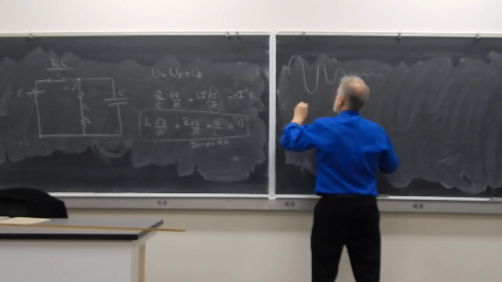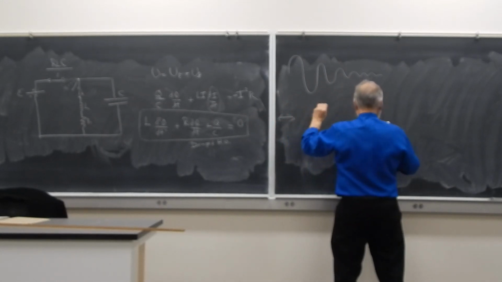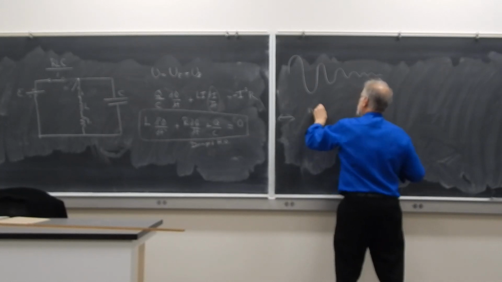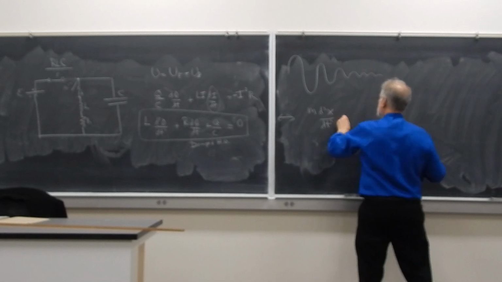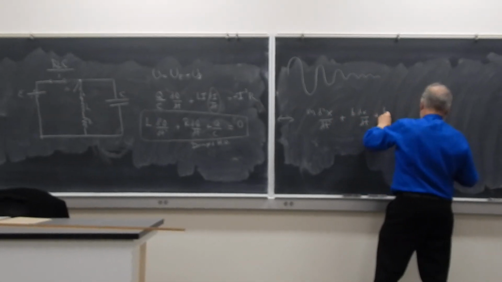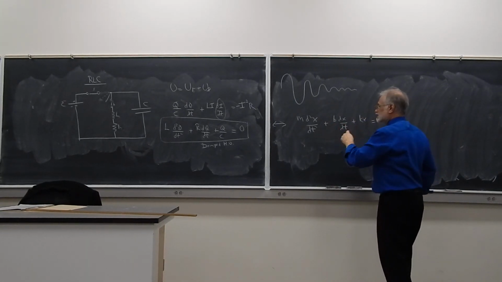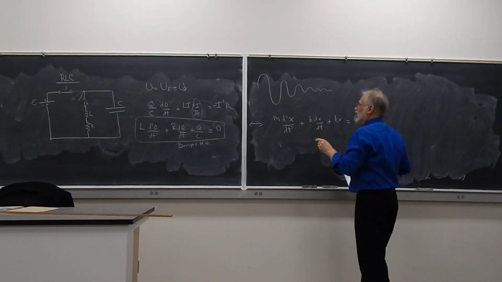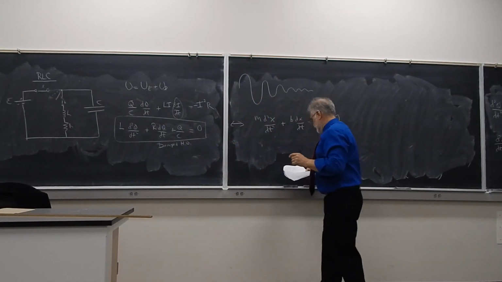So what we equate this to, at least physically, would be my damped harmonic oscillator that looks like this. And you see the three terms that correspond to one another between my damped harmonic oscillator and my RLC circuit.